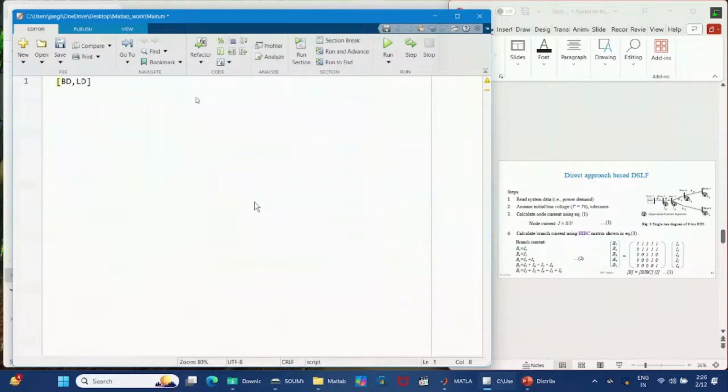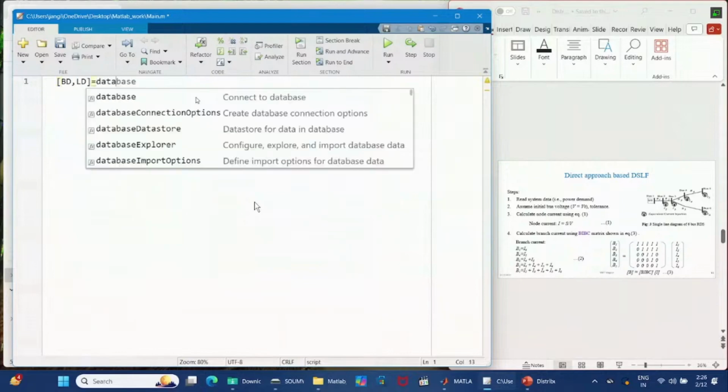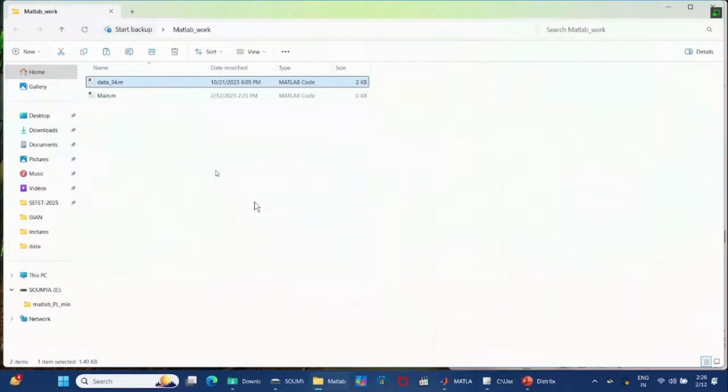We have to call this file by its name. Here I have saved this file under the name data34.